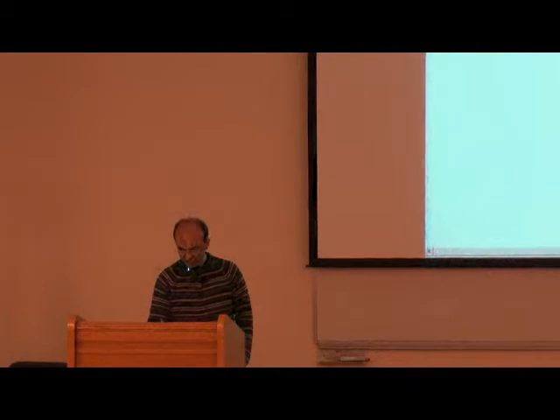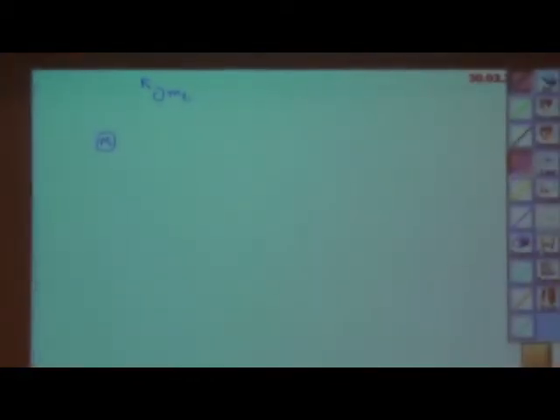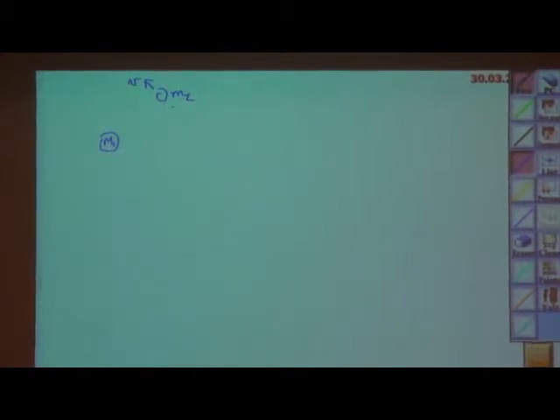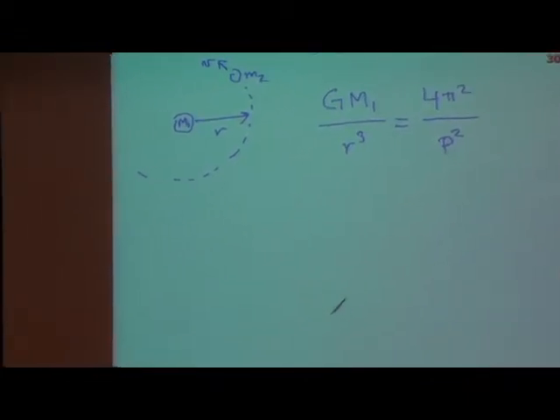But for any object, M1, and another one, M2, that is moving on a circular path with a constant speed, and the circular path has a radius, say r, you can write that G M1 over r cubed is equal to 4 pi squared over P squared, where P now is the period of one revolution of M2 around M1 on a circular path.